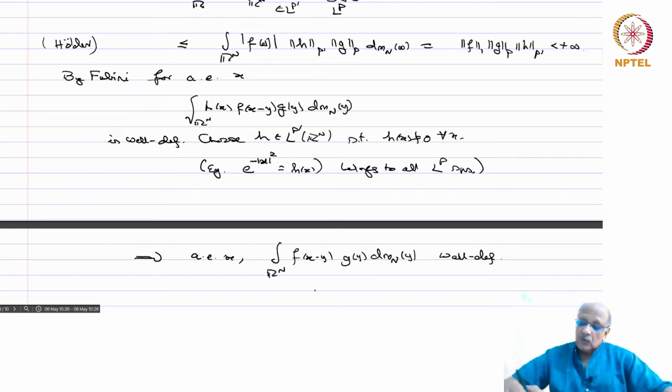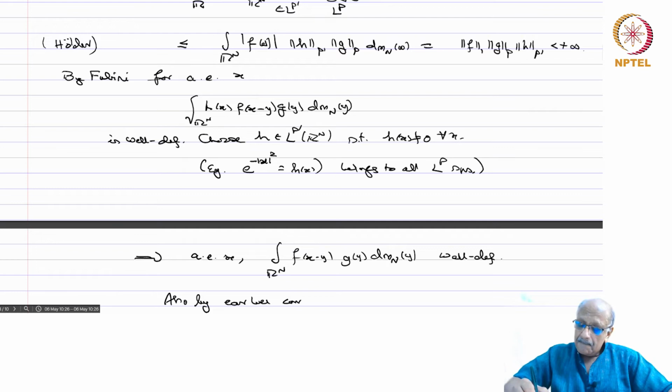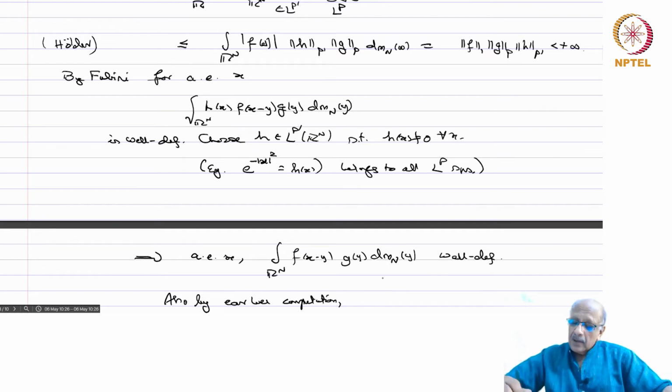It means the convolution product is also well defined by the earlier computation, f star g of x.